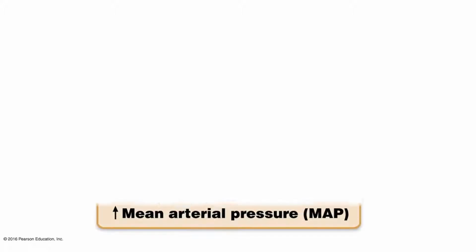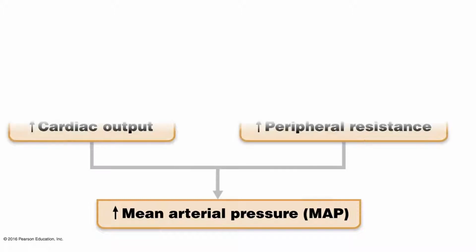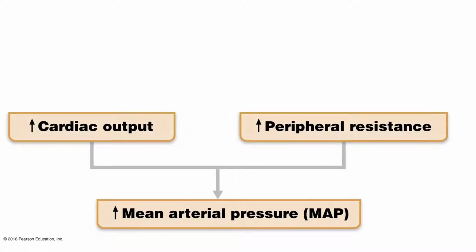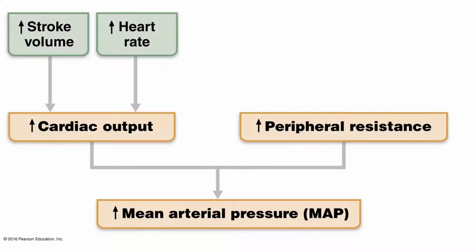That's a lot of different variables to keep track of, so let's take a look at a bigger picture idea. We're interested in maintaining mean arterial pressure. We can do that by adjusting either cardiac output or peripheral resistance. Cardiac output is the product of stroke volume and heart rate. An increase in either stroke volume or heart rate would increase cardiac output and would increase pressure.